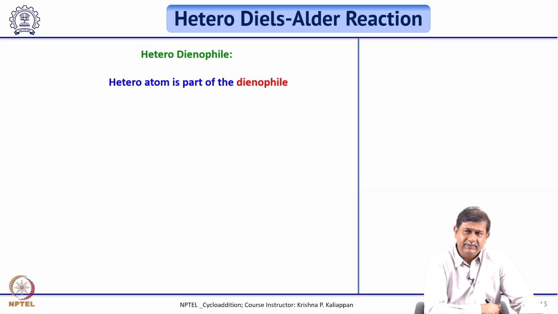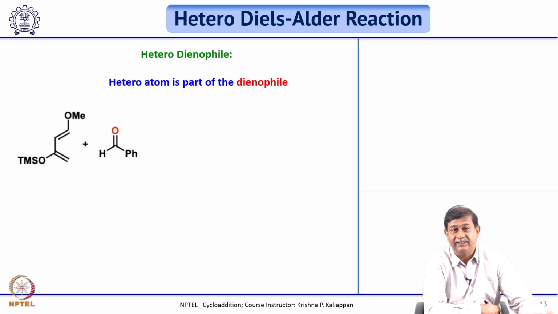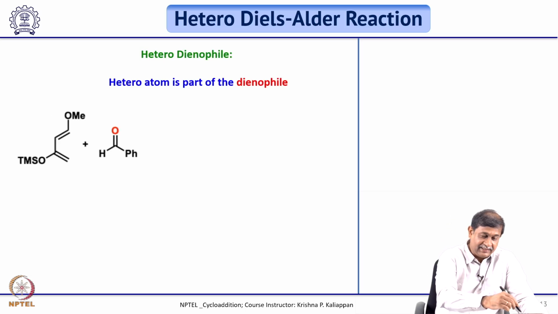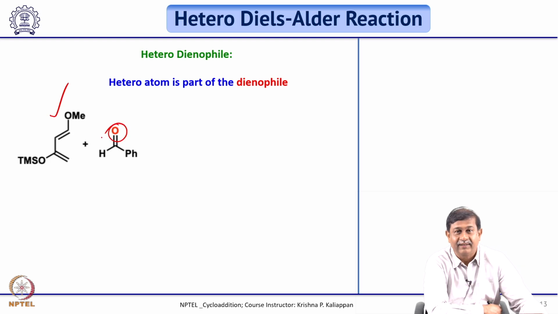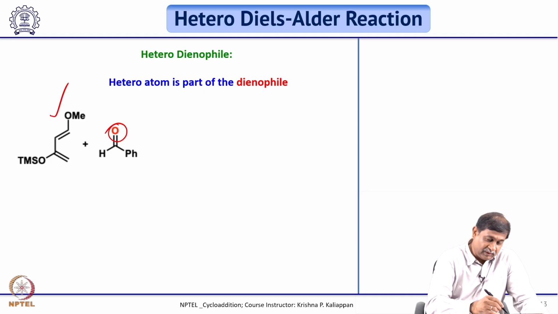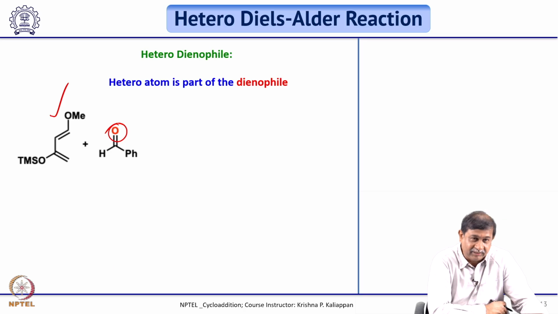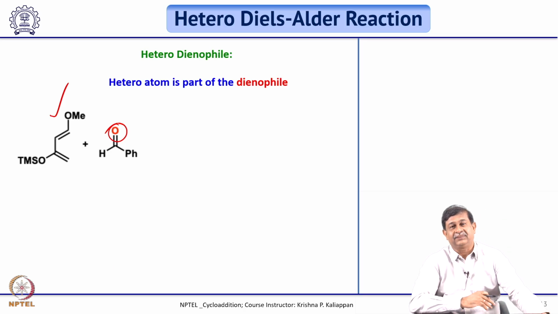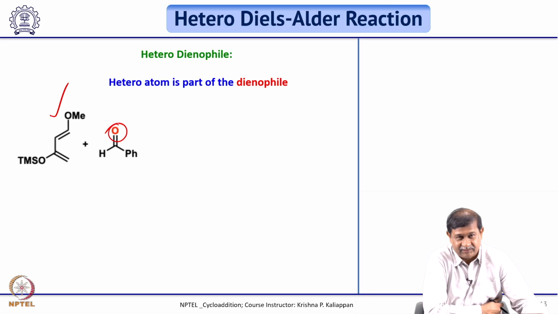So far what we have discussed is the heteroatom is present in the diene, but as I told you, heteroatom can also be present in the dienophile. So, this is Danishefsky diene, and now the dienophile is an aldehyde. That means one of the carbon atoms of the alkene is replaced by oxygen.